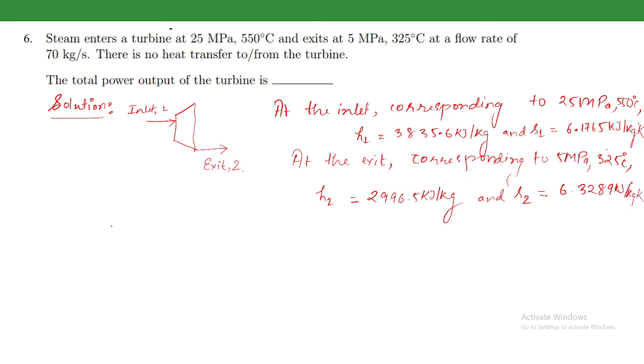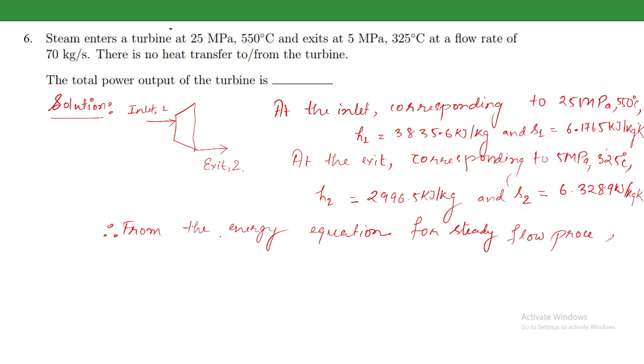Therefore, from the energy equation for steady flow process, H1 equals H2 plus work done by turbine.